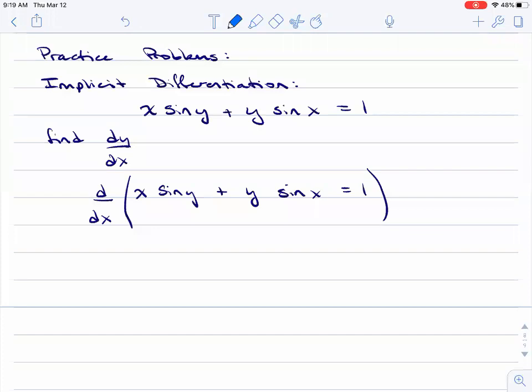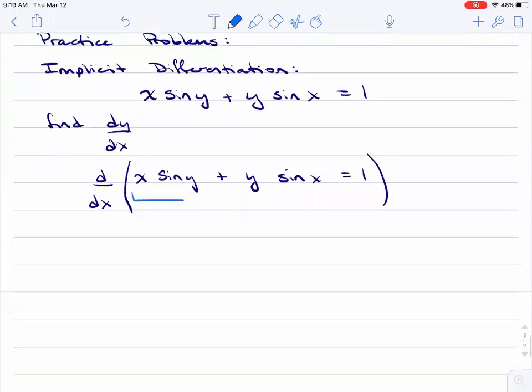Just making some notes of the setup here. I've got a product and another product. So I'm going to have to use the product rule on each of these components, which means I'm going to have 4 terms, right?